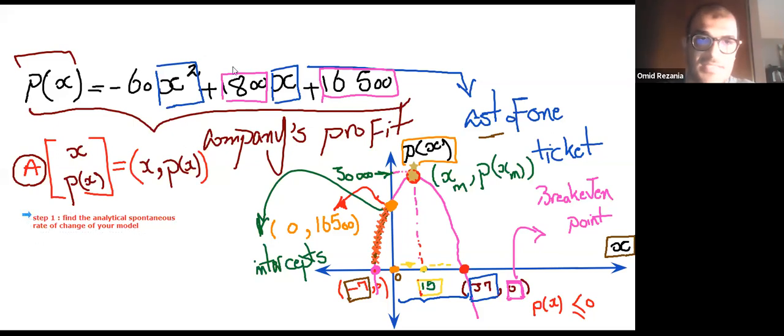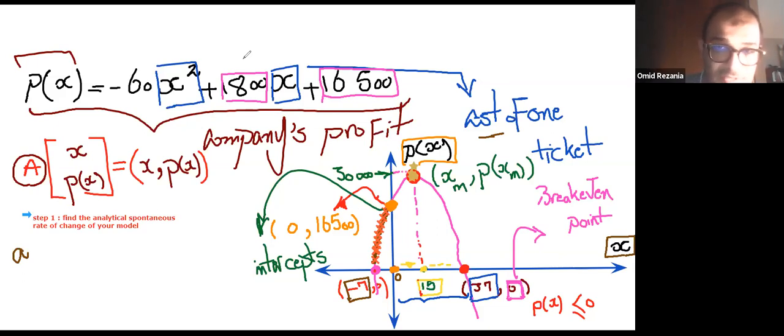In order to do that, we have done so many similar things for these problems. Okay. I want to find the spontaneous rate of change. We have seen that since 5 days ago. Our spontaneous rate of change has 2 interpretations.